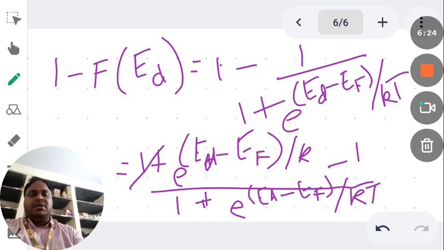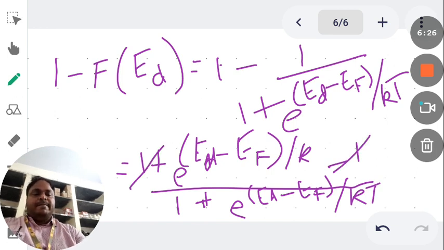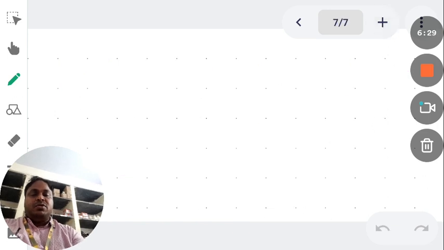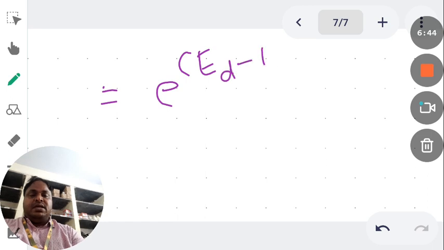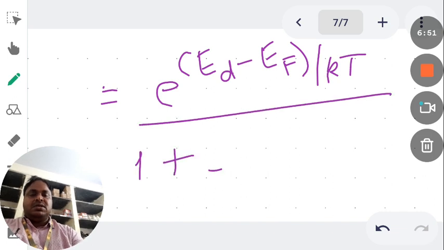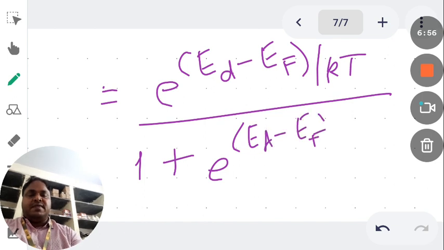So here 1 and minus 1 will get cancelled. You will be having 1 by, e power (ED minus EF) by KT divided by 1 plus e power (ED minus EF) by KT.